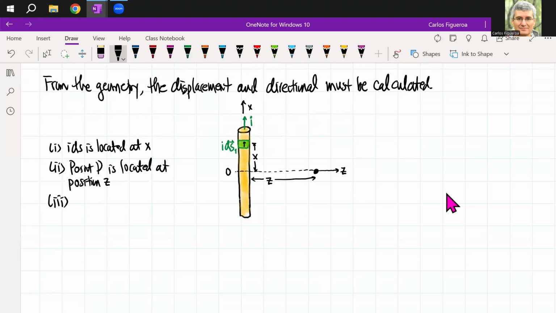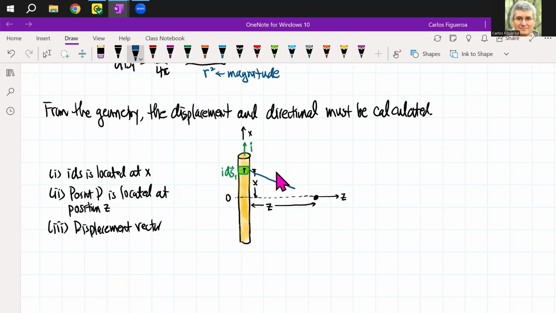And then finally, we have to look at the displacement vector. If I look at the displacement vector, there's two parts to it. The first part tells me that I'm going to have a displacement vector that goes from here to here.